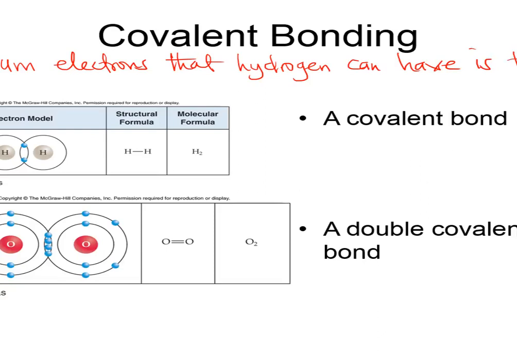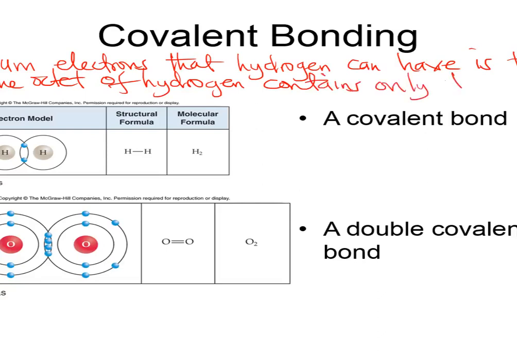Because of that, the octet of hydrogen contains only 2 electrons. So this implies the octet of hydrogen contains only 2 electrons.